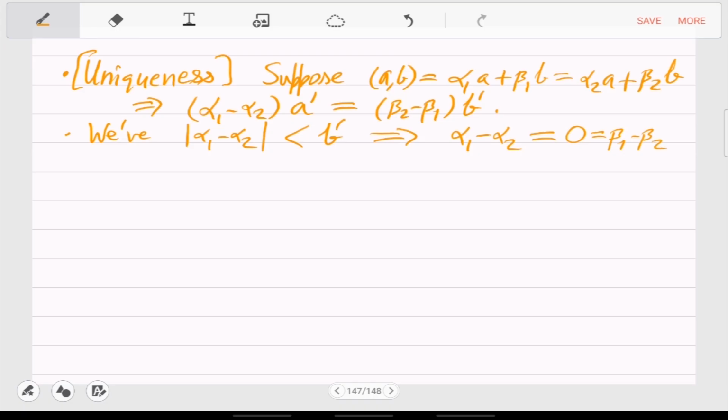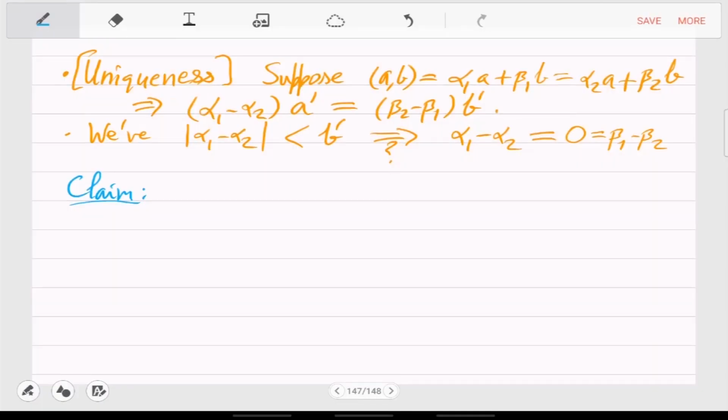That both of these are 0? That needs a proof. Sorry? Alpha 1 minus alpha 2 is divisible by B prime. Yeah, so how do you deduce that from the above equation? Exactly, so actually that requires a lemma.